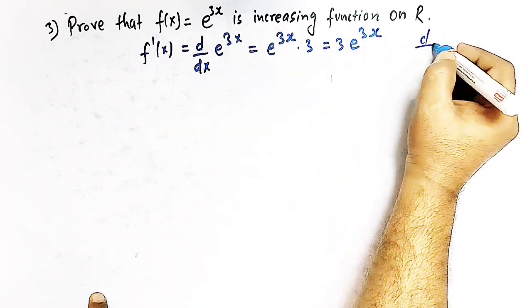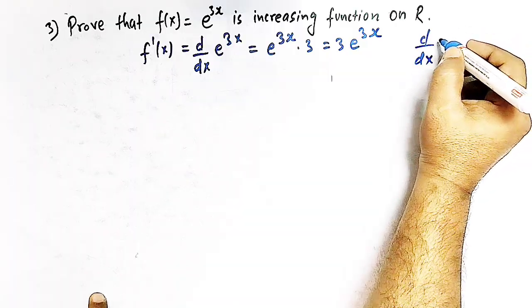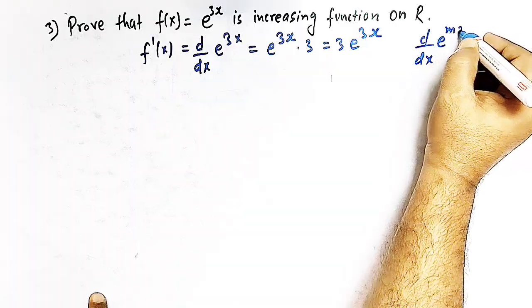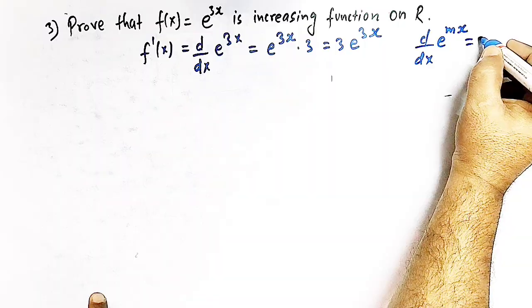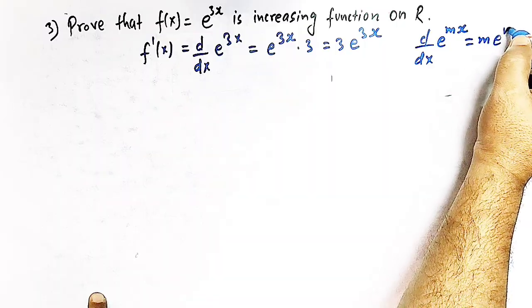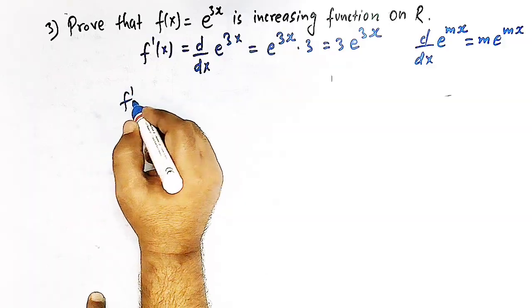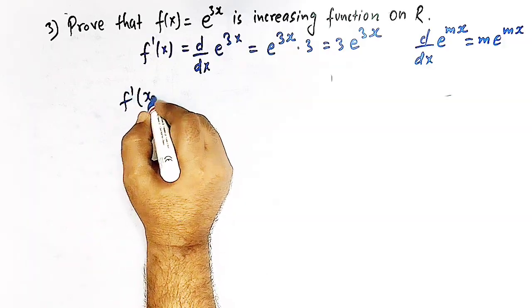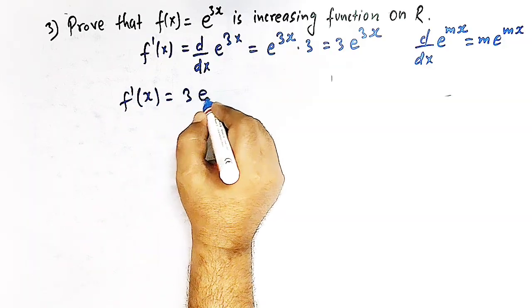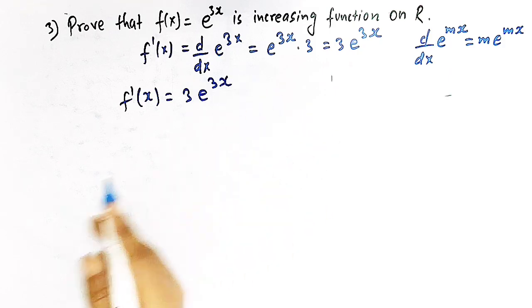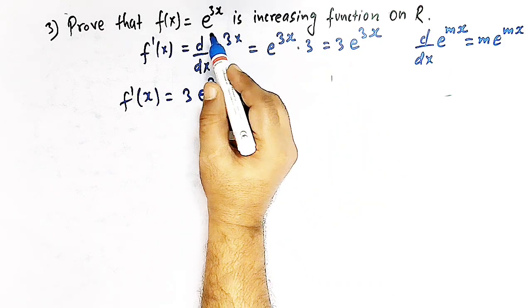We know that the derivative of e raised to m times x is given by m times e raised to mx, right? So the derivative is given by 3 times e raised to 3x.